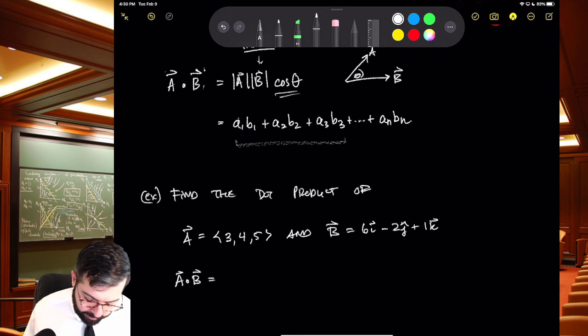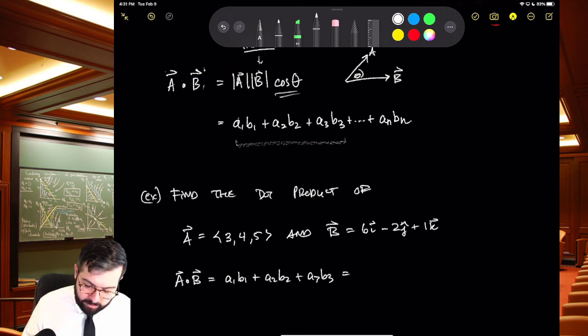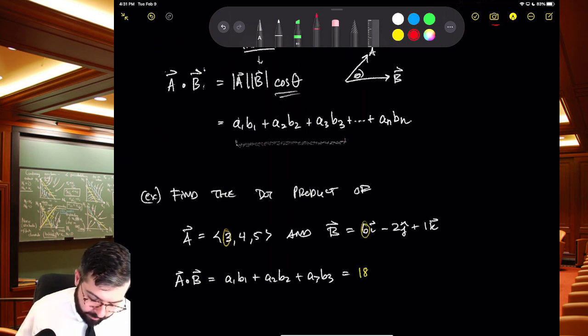Well, A dot B we said is the components A1 B1 plus A2 B2 plus A3 B3. And so the components here are 3 and 6. So that's 18. 4 and negative 2 are my y components, right? So that's a minus 8. And a 5 and a 1, these are my z components.